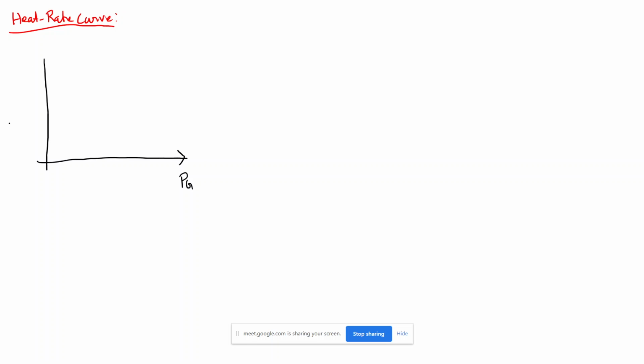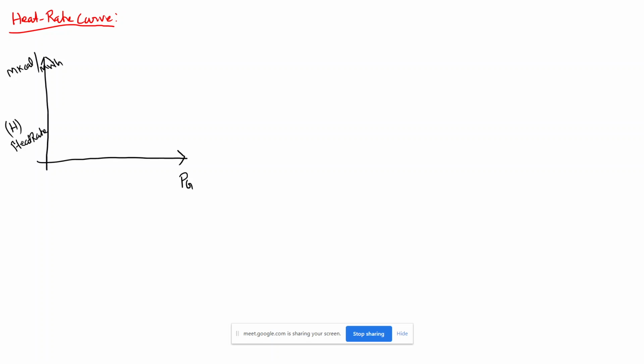This is heat rate, or we can call it H. And here the unit is mega kilocalories per megawatt hour.